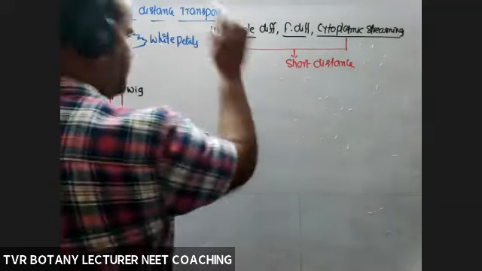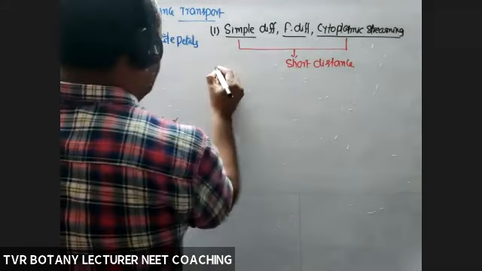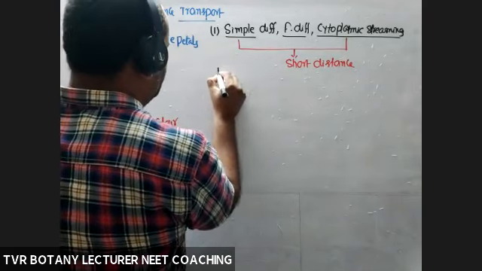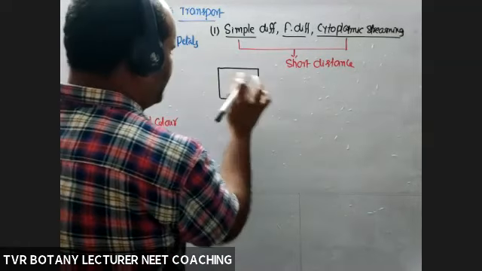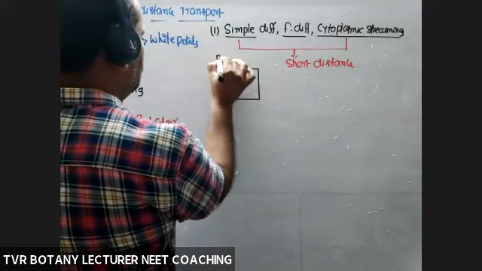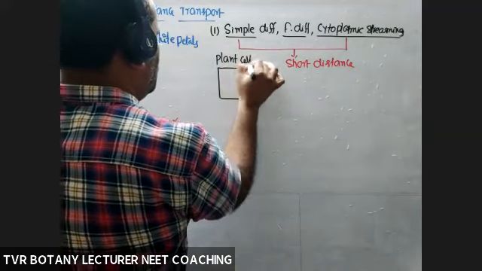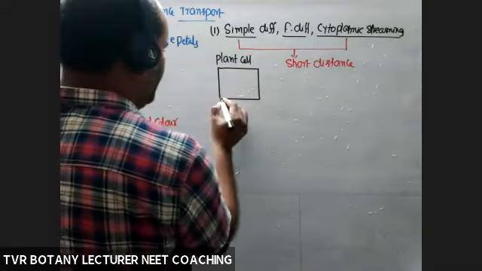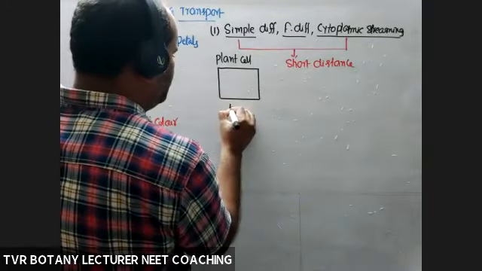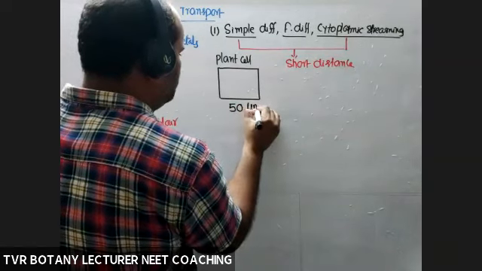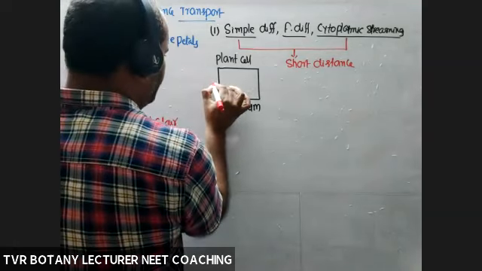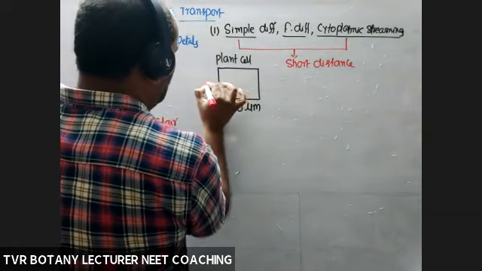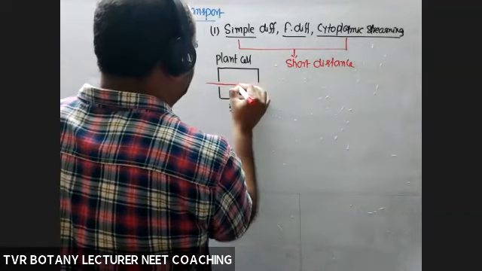So one example: this is a plant cell. For example, the length of this plant cell is 50 micrometers. So by means of simple diffusion for the transportation of water, now water is transported across the cell lengthwise.